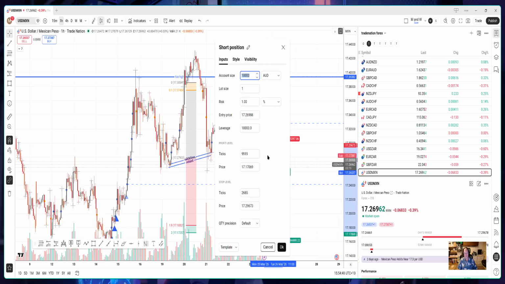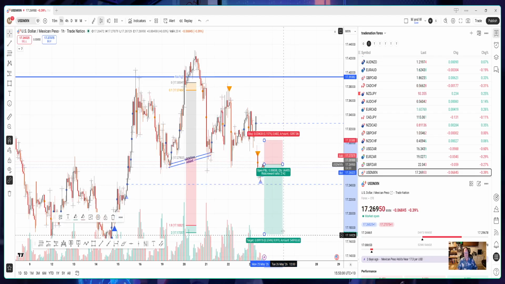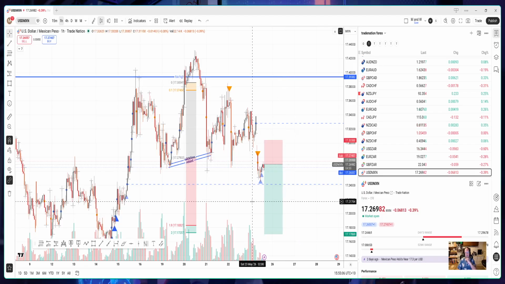And I think I need to add it on to the 2685, say it was 7600. Got to add 850. So it's 14,300-400, something like that. Yeah, that looks about right. So I could enter that now, but I'm too chicken.